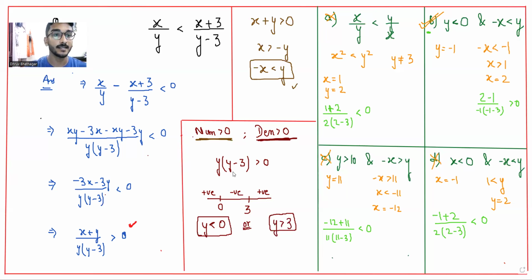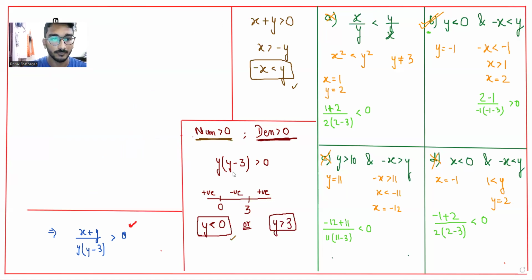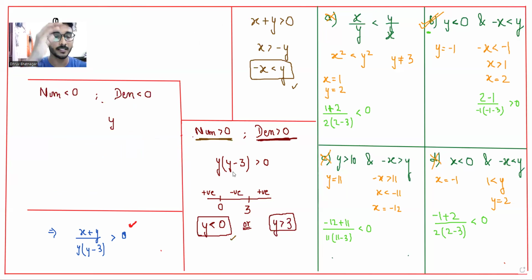But there can be a second case when both numerator and denominator are negative. When both numerator and denominator are negative, then also the fraction value will be positive. If both the things are negative, the fraction is a positive quantity. So my denominator is this.